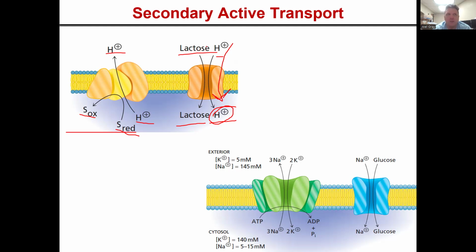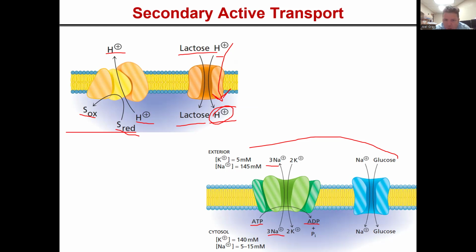Effectively, that's also what's happening down here. So if you look at the bottom, we've got the hydrolysis of ATP. ATP hydrolysis releases a bunch of energy. Now that energy is going to move three sodium ions to the external side of the membrane.